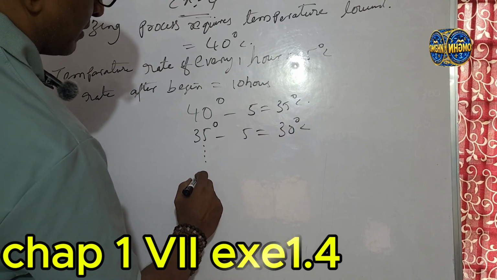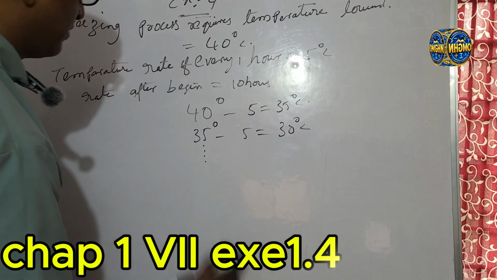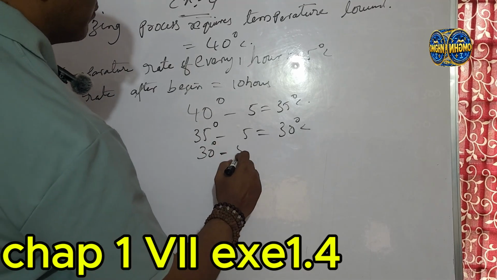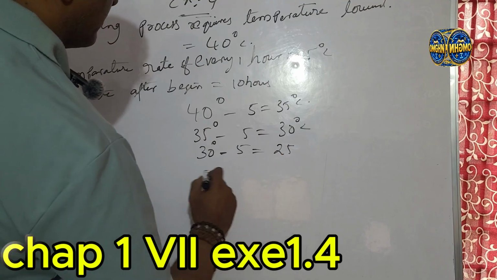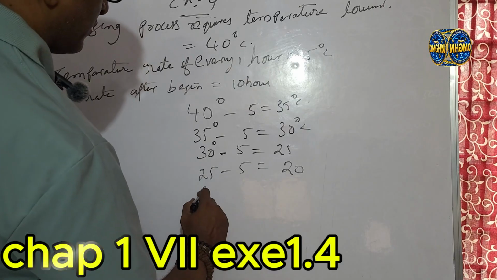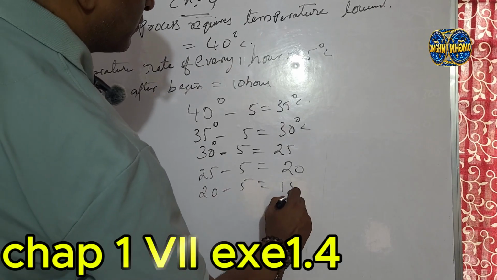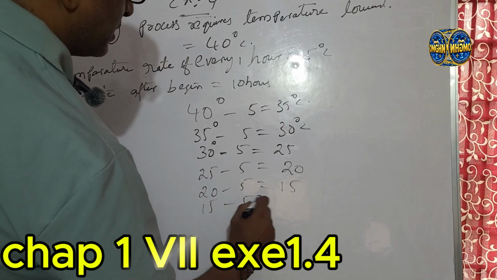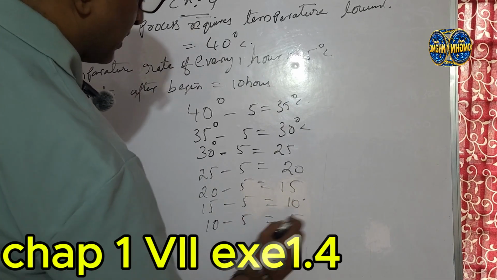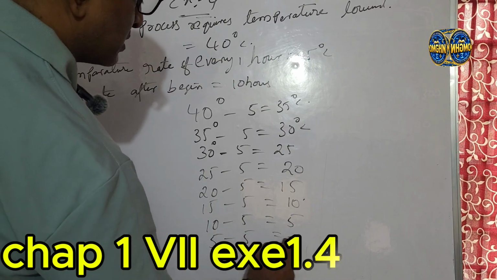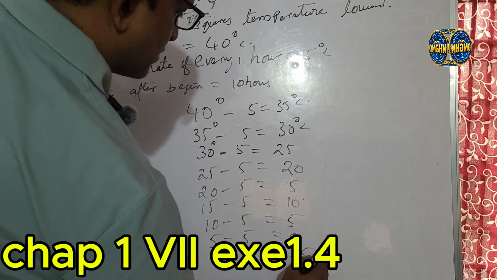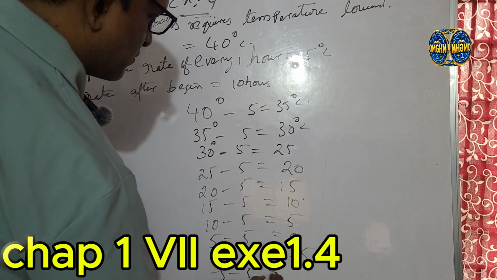Like that, 10 times we will do it. 30 degrees minus 5, 25. 25 minus 5, 20. 20 minus 5, 15. 15 minus 5, 10. 10 minus 5, 5. 5 minus 5, 0. 0 minus 5, minus 5. Minus 5 minus 5, minus 10.